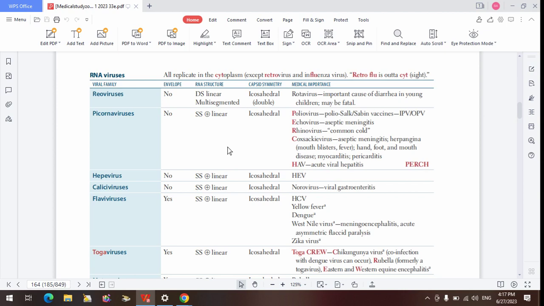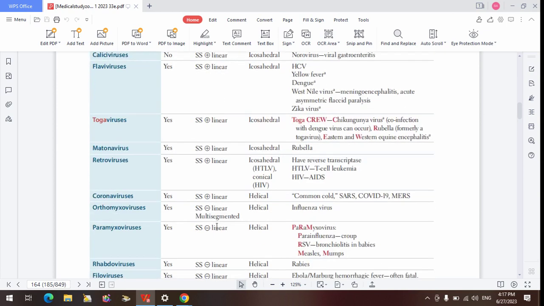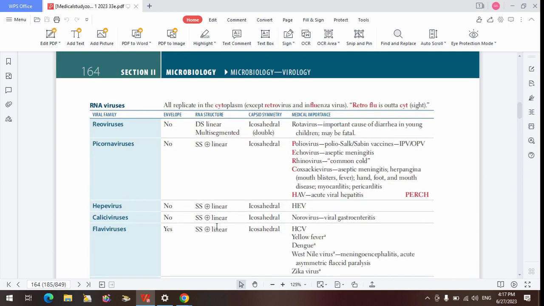So Rio is one of them, and Rio is the largest, and it's the only one that is double stranded. The other ones are single stranded. And when we were talking about the sense of the single stranded ones, we said almost all of them are positive sense, except like 4 or 5 that are negative sense. The way we try to remember the negative sense was to remember the AB, which is Arena, Bunya, then the Myxos, Orthomyxo, Paramyxo, and then FR, Filo and the Rhabdo.